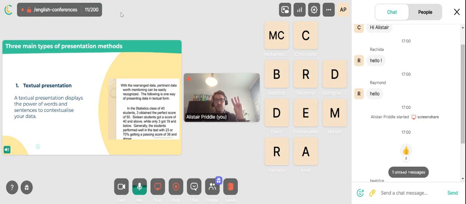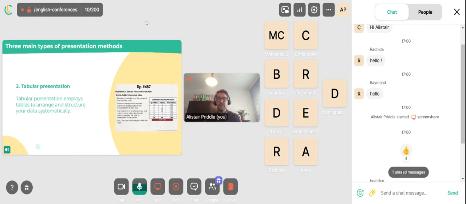Well, let's have a look at these 3 main types of presentation methods. Number 1, textual presentation. A textual presentation displays the power of words and sentences to contextualize your data.